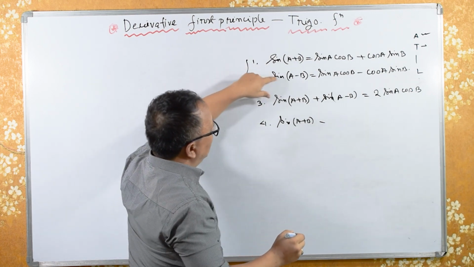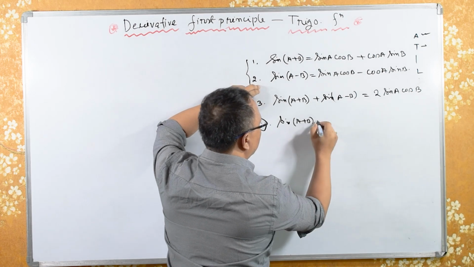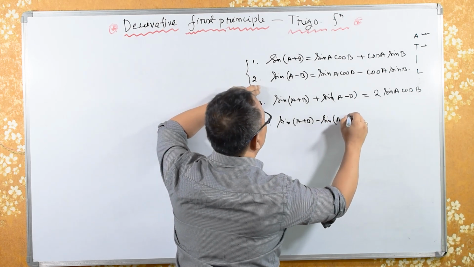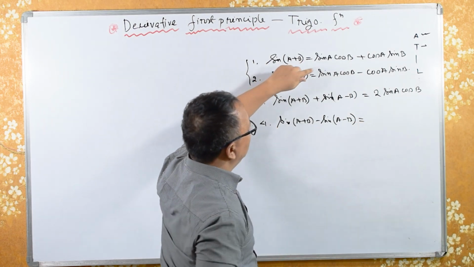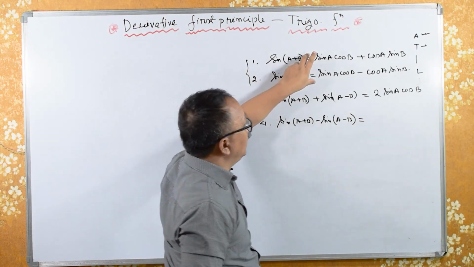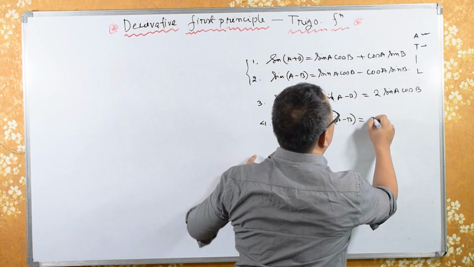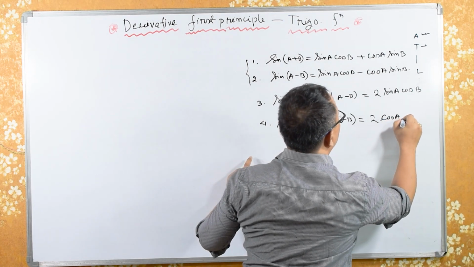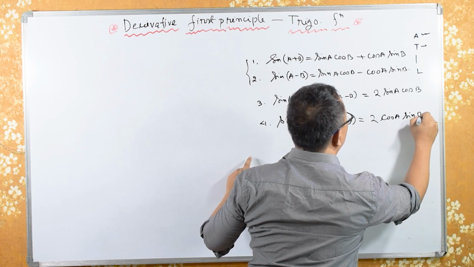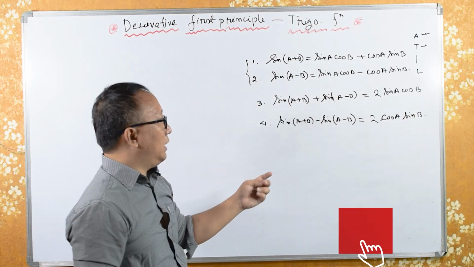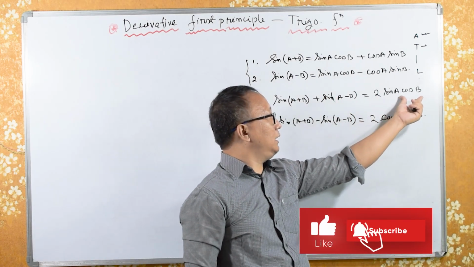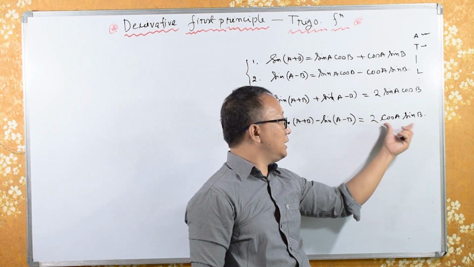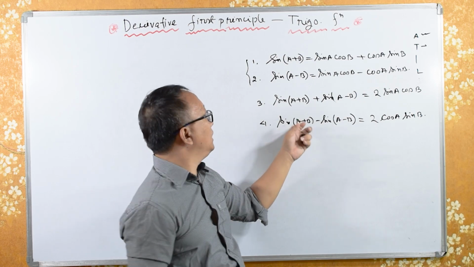These two terms get cancelled, and here minus and plus gives twice cos of a sine of b. So twice sine a cos b is the same as this, or you can say twice cos a sine b is this. Now we have this.